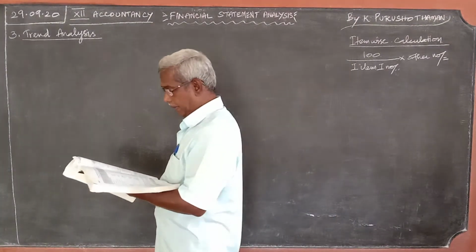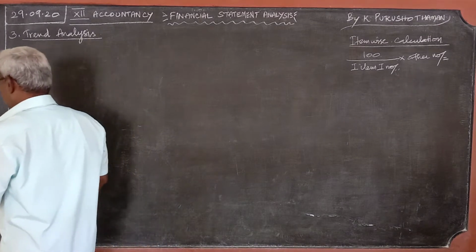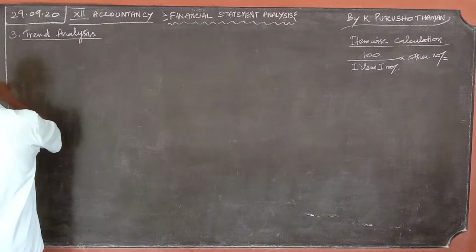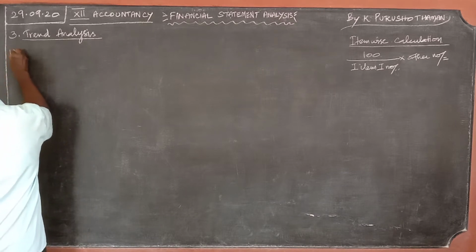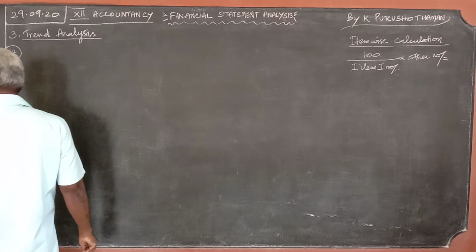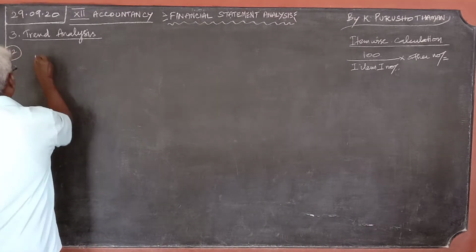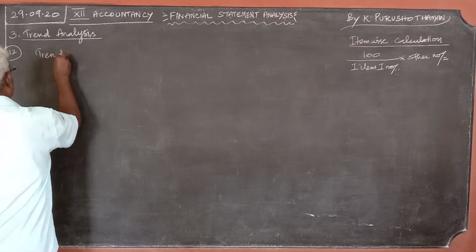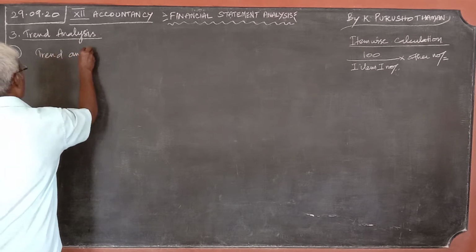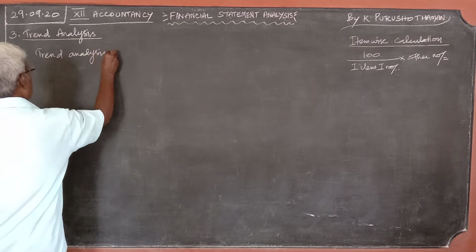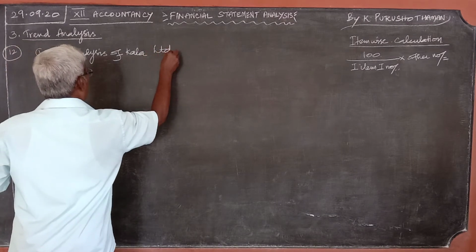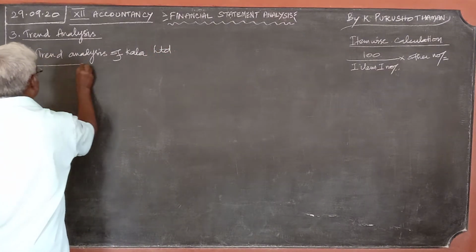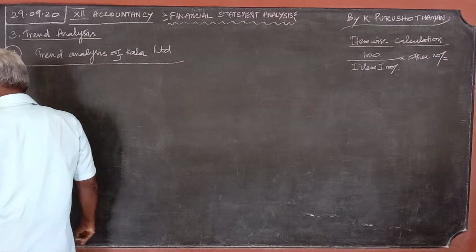What we should do first, as usual, is write trend analysis for this question number 5. Trend analysis of Kala Limited. For this, what is given?